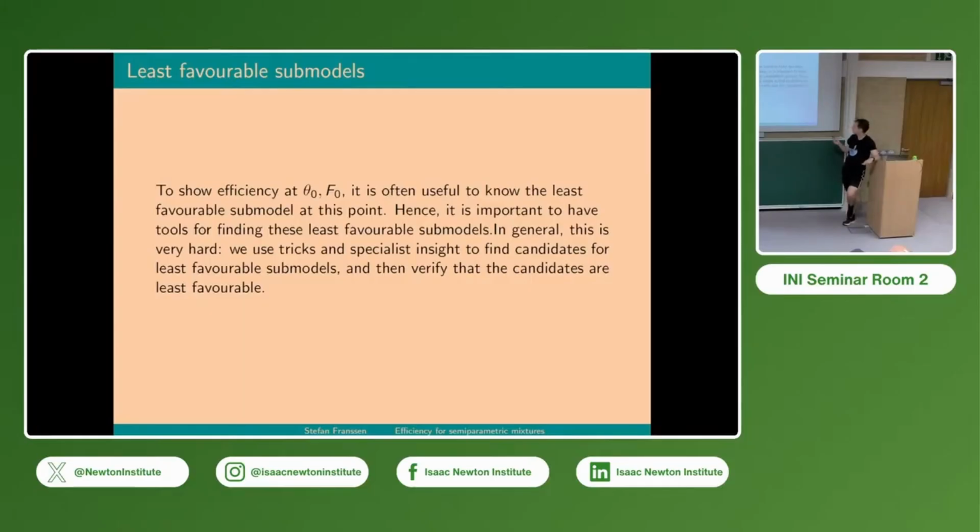I forgot how much I wrote last night extra on these slides, but there's a tool called calculus of scores that you can use.